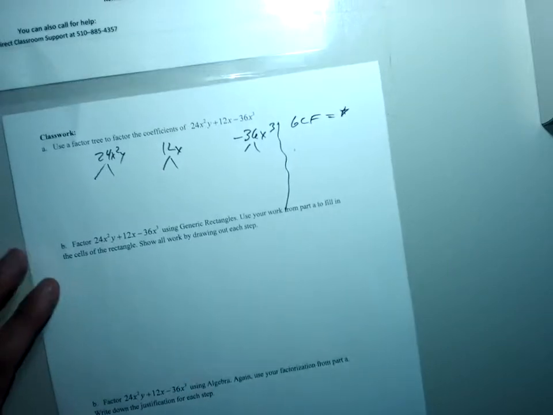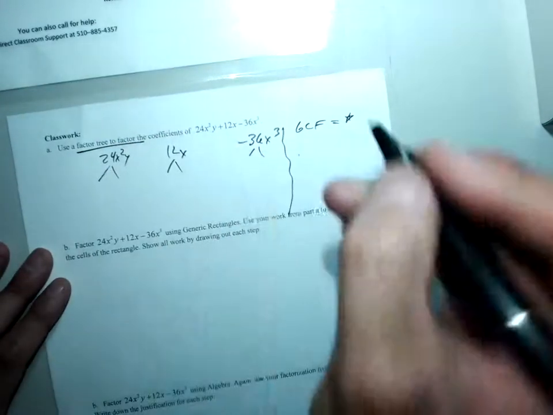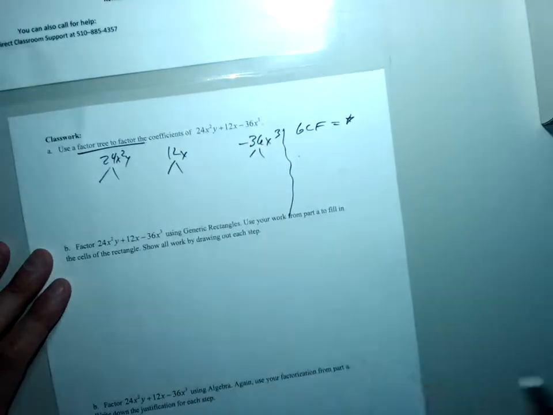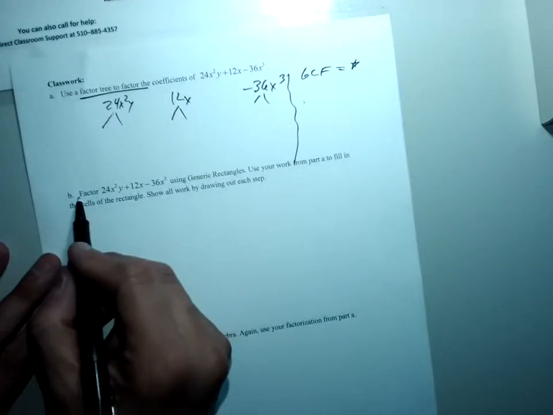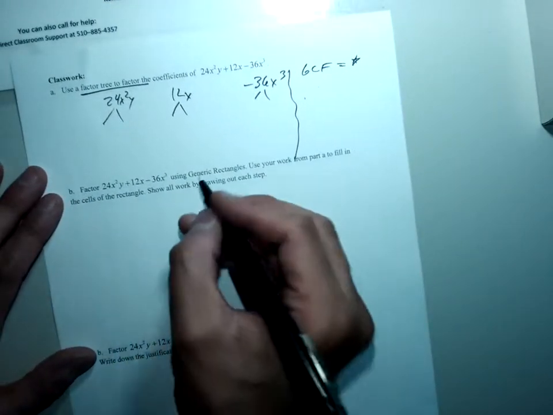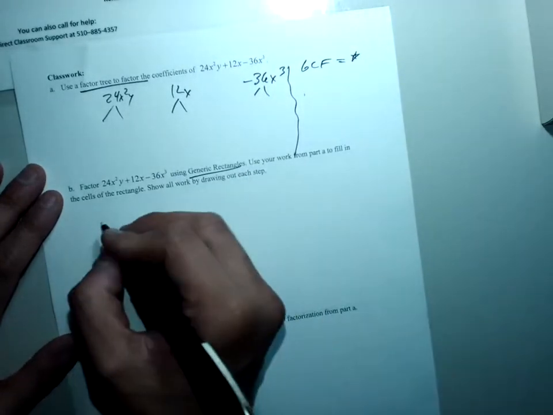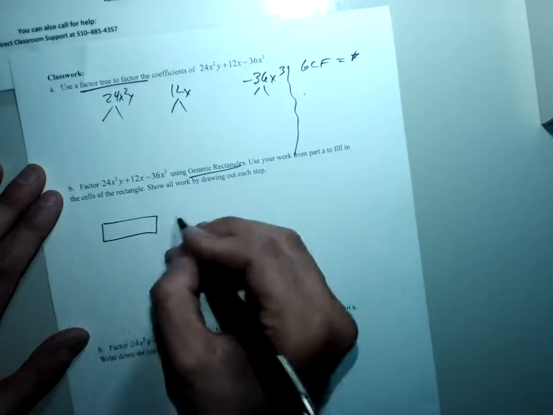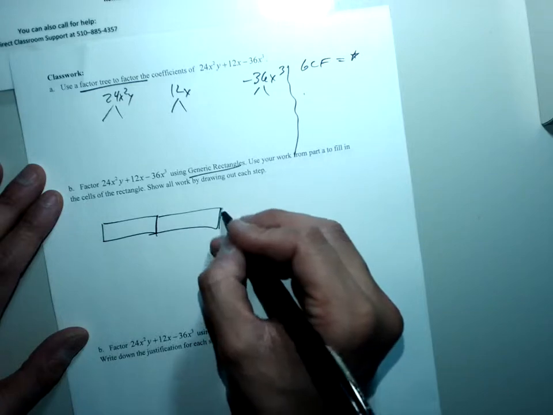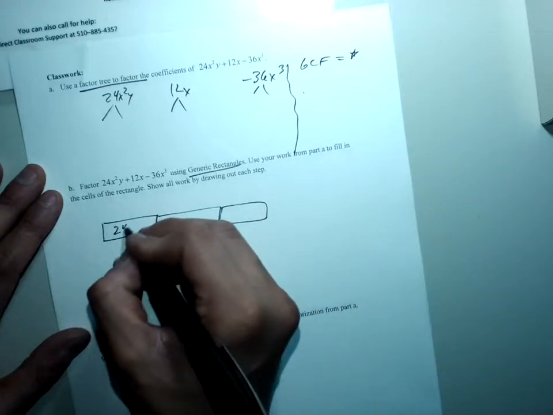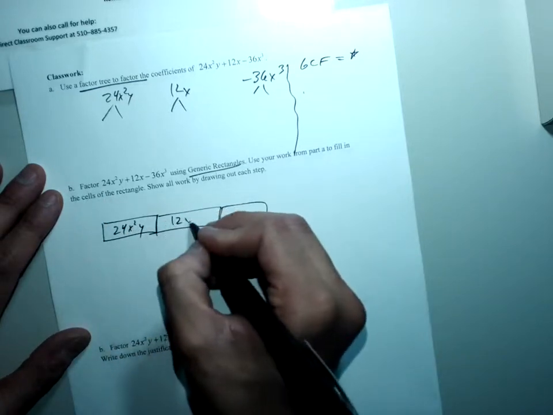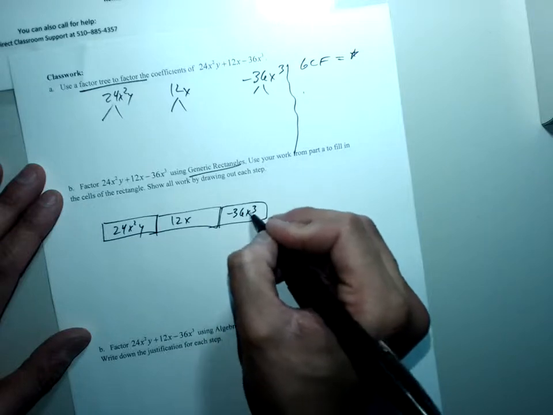And just another way to do this, I mean, it says with a factor tree, but you could also do this by decomposing. But actually, B will let you do that. It says factor this using generic rectangles. So in other words, you need to create 3 boxes here, put each one in there, and then factor it.